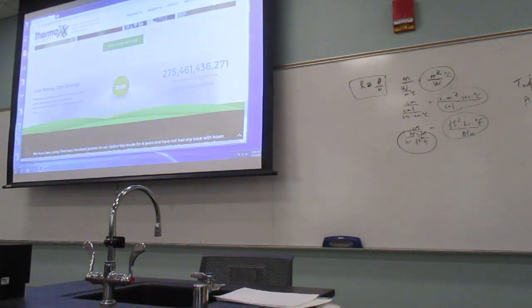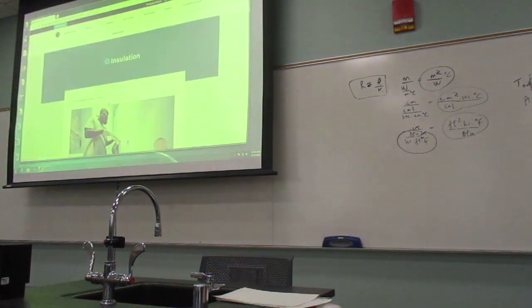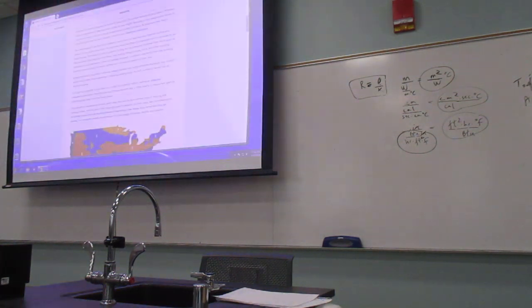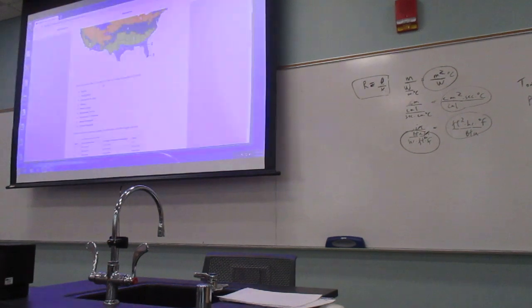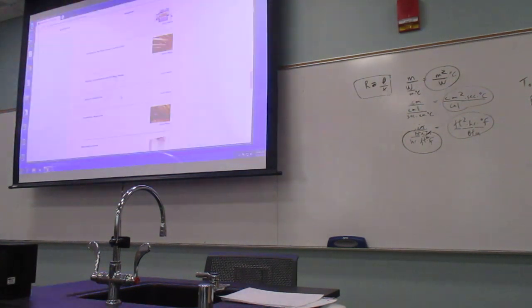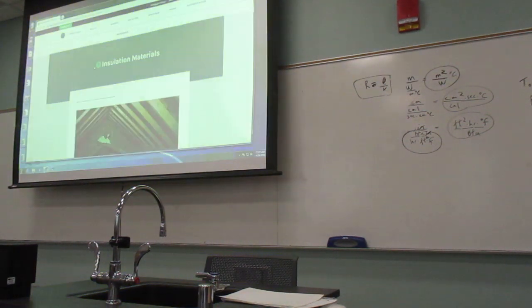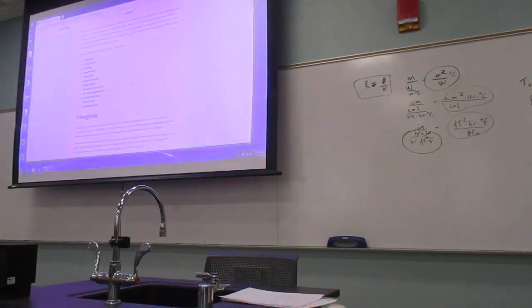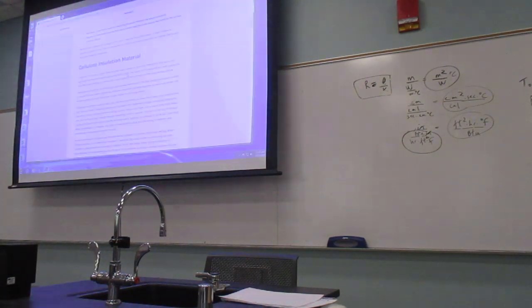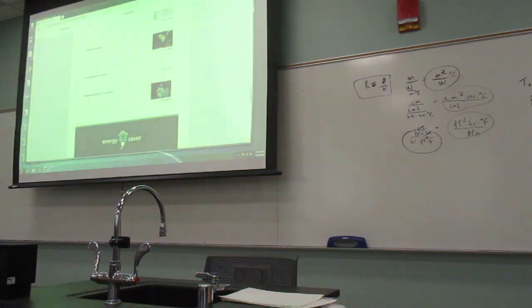Now it would be good to see an actual table. Let's look at an actual table. These go a lot more in depth.